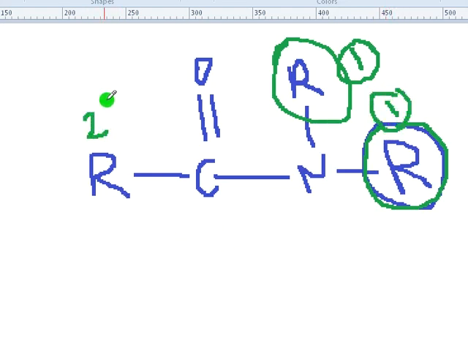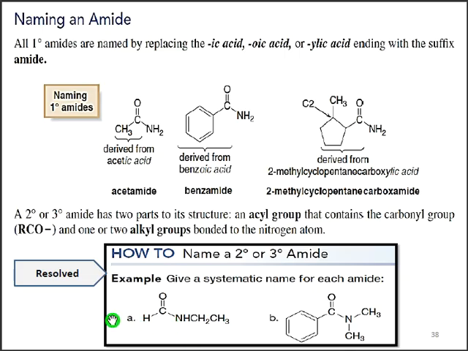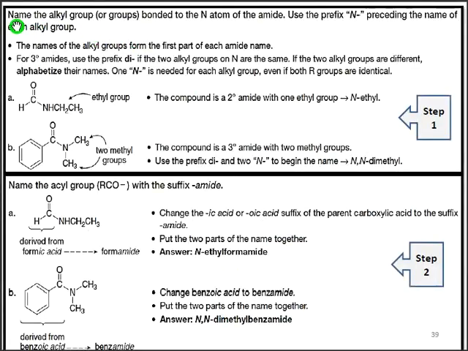And secondly, you have to give the name for this alkyl group. This will be number two. This is a special case for the secondary or tertiary amide. For more understanding, I will explain how to give the name for these two amide structures.